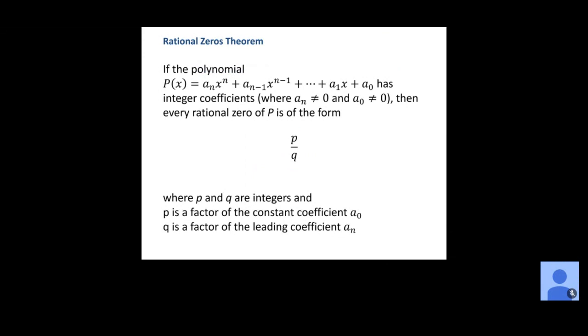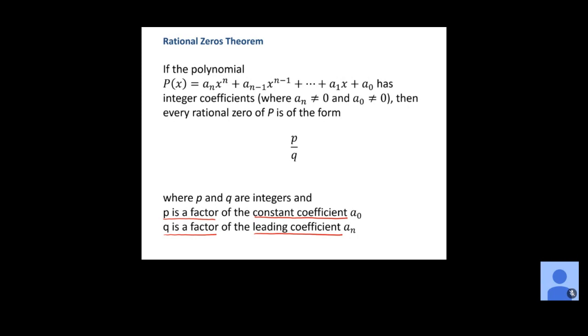Okay, so if we have this polynomial, and this is that general form of a polynomial, right, that we've been looking at, has integer coefficients. Okay, so all the coefficients have to be integer values, positive or negative whole numbers, right? Then every rational zero of the polynomial has to be of the form P over Q, where P and Q are found by finding factors of the constant coefficient and the leading coefficient.